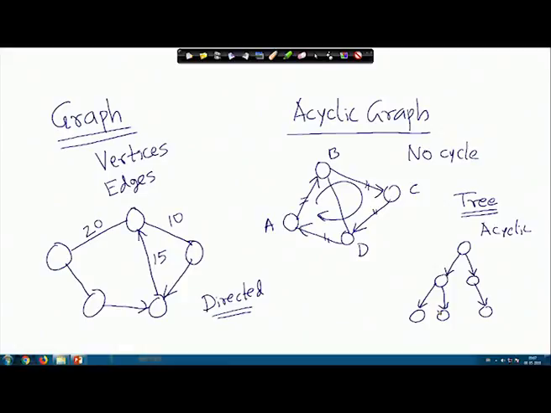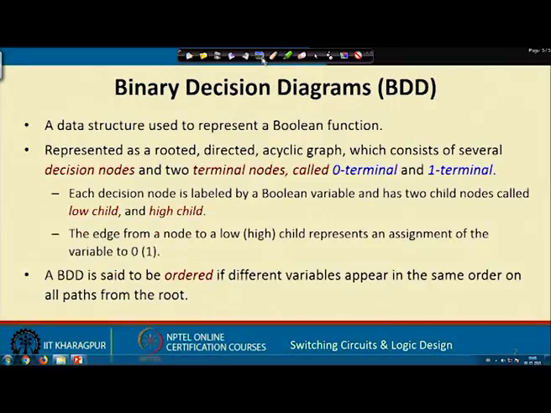This tree does not have any cycle and these edges can have directions, again may not have direction, and there is one special node which is referred to as the root, which is considered to be at the top of the tree. So, these are some definitions or concepts that we shall be using in our definition of a binary decision diagram.